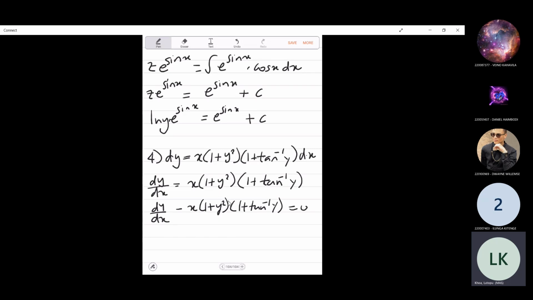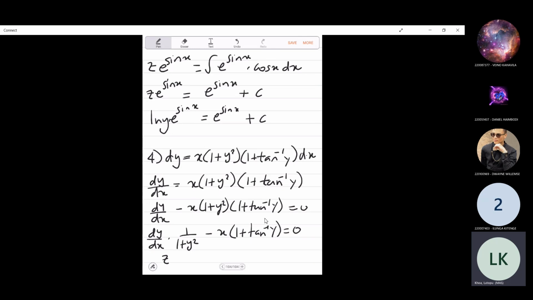Okay, then we can divide by 1 plus y squared. So we have dy dx times 1 over 1 plus y squared minus x 1 plus tan inverse of y is equal to 0. Okay, and now we look, the derivative of this is that one, so we can say z is equal to this.